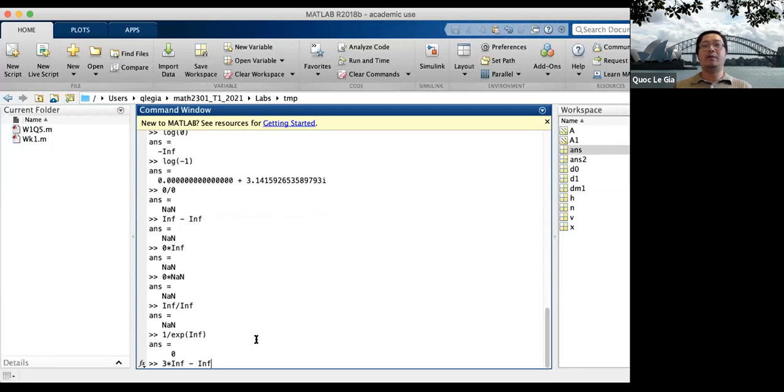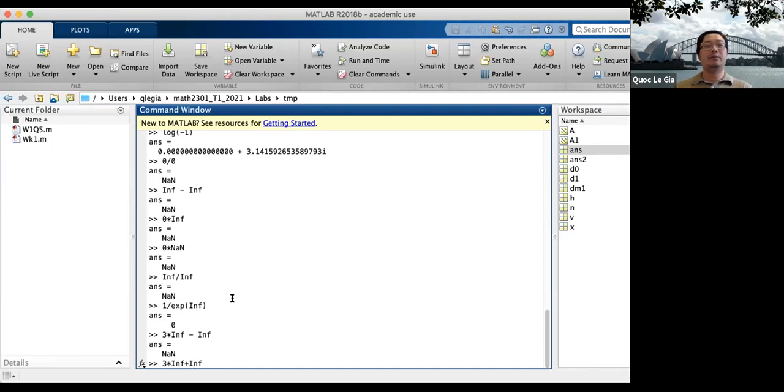Not a number, because 3 times infinity is still infinity, and infinity minus infinity is not a number. Now how about 3 times infinity plus infinity? Infinity, yes, correct. Infinity plus infinity is infinity. And not a number minus not a number is not a number. So everything is consistent with calculus.